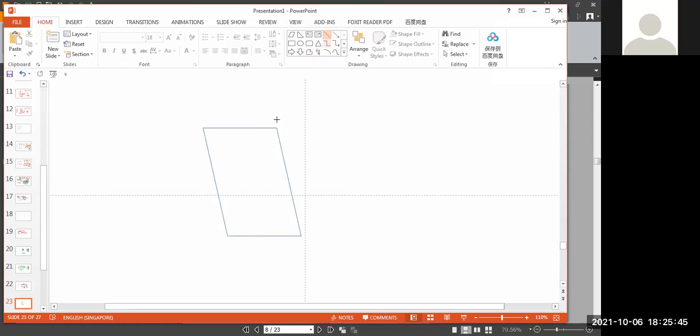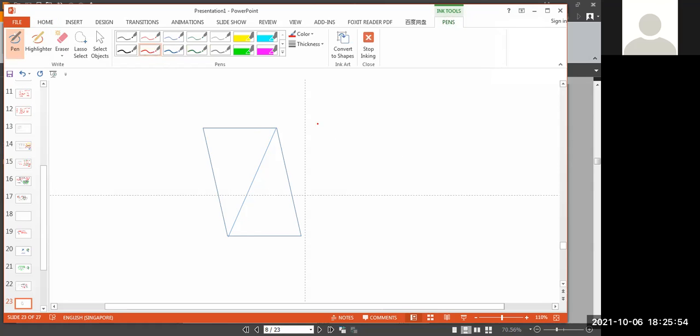So somehow you just cut it in half. So what's the meaning of parallelogram? For a parallelogram, the characteristic number one is opposite sides are the same.